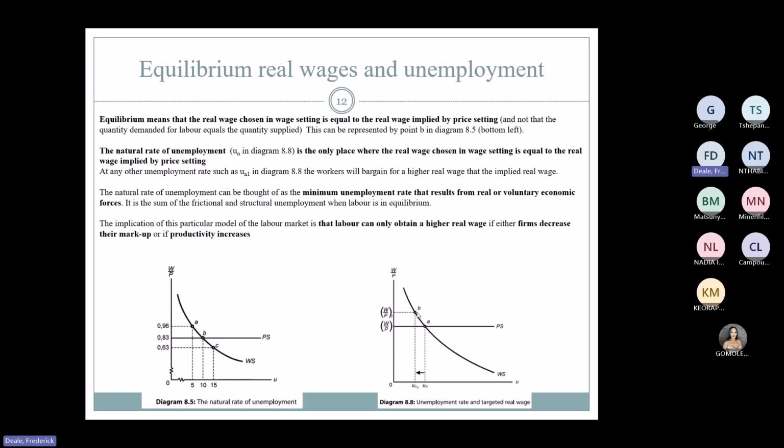At any other rate, such as over here at point B, where you've got UN1 and W over P1, the workers will bargain for a different, or in this case, a higher real wage than the implied real wage. And that's not necessarily sustainable.